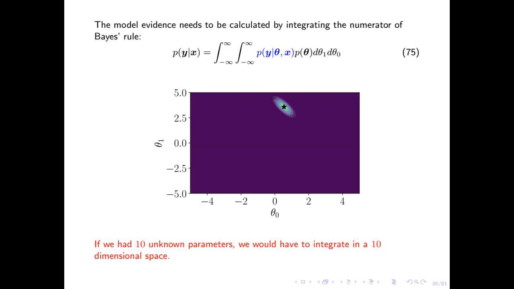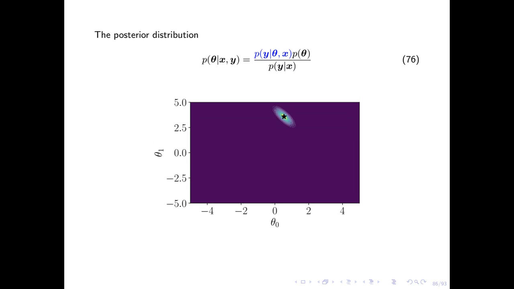If we wanted to calculate Bayes' rule, we would have to calculate the numerator, not the log of the numerator, and we would have to integrate over all parameters. The integral over all parameters is just a scalar again. We just need to integrate and calculate the integral under that distribution.